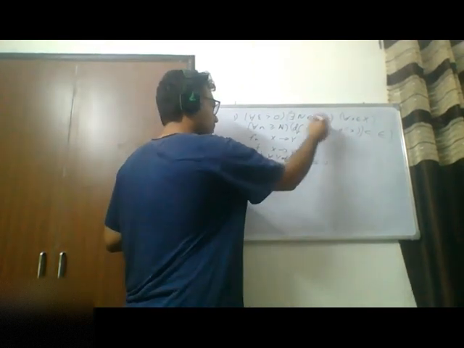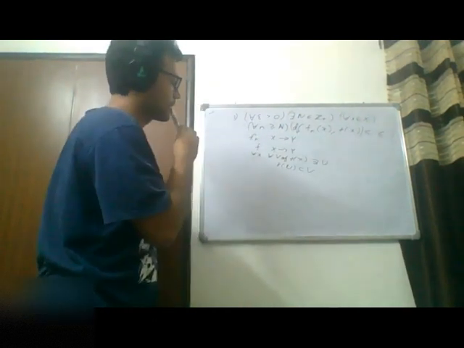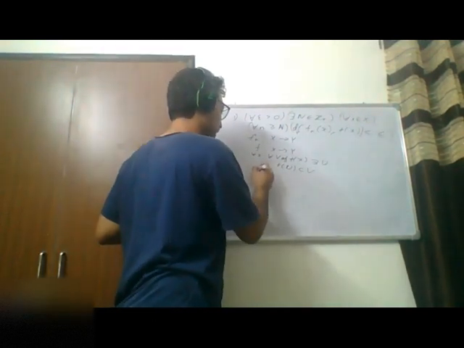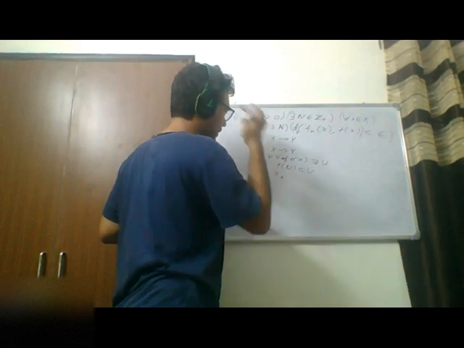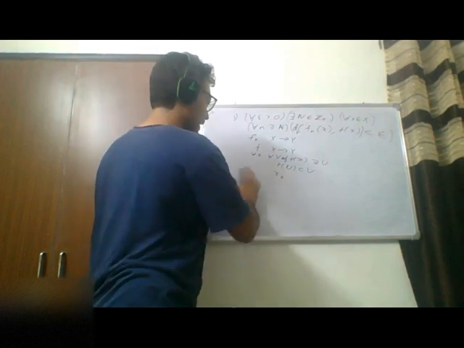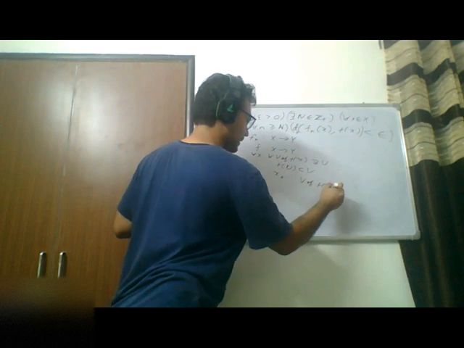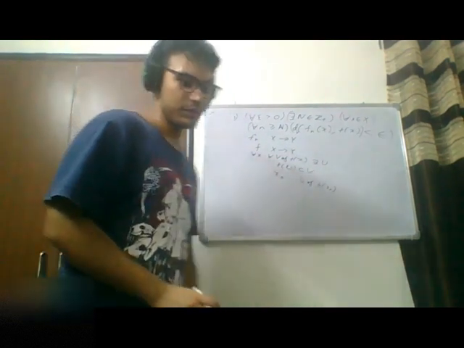So choose an n such that, first of all, we're fixing x naught and choosing V of x naught. We're fixing both of these, and now we're working with these things.